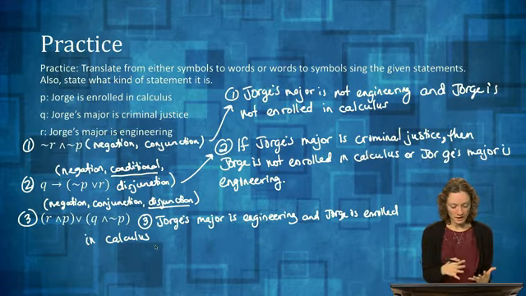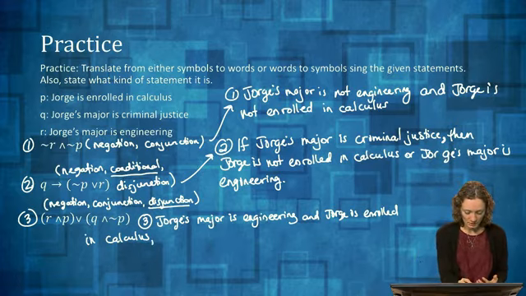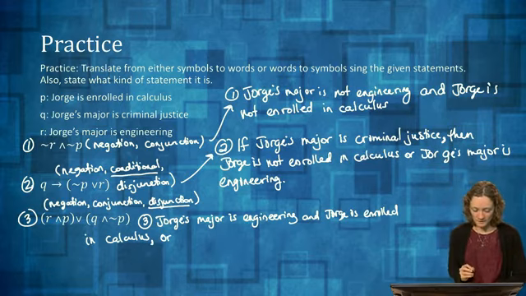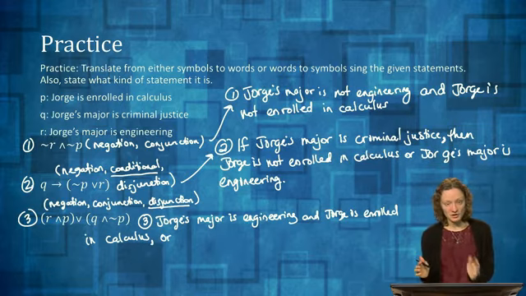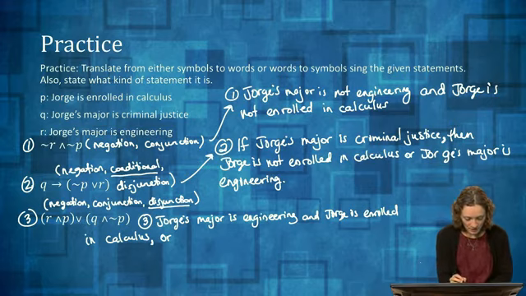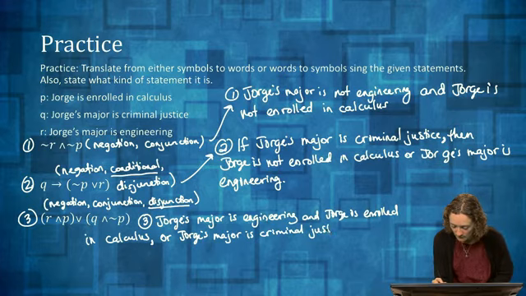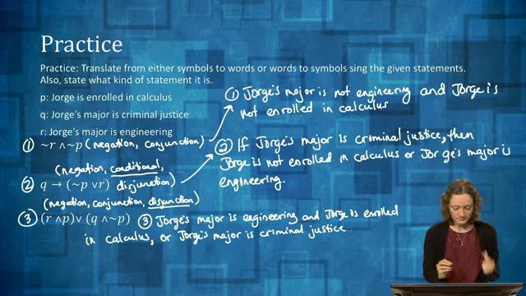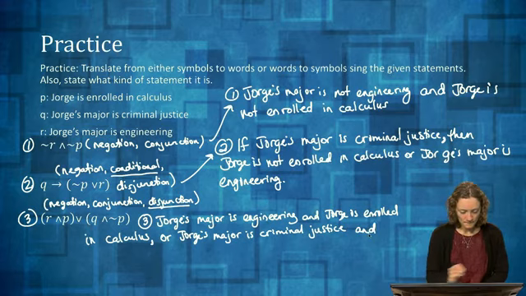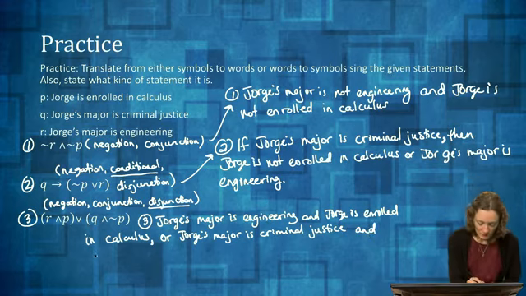That's the first idea read together, so you can put a comma. It's pulled together with the word or. Then the last two ideas, Q and negation P. So Q, George's major is criminal justice. And negation P, George is not enrolled in calculus.